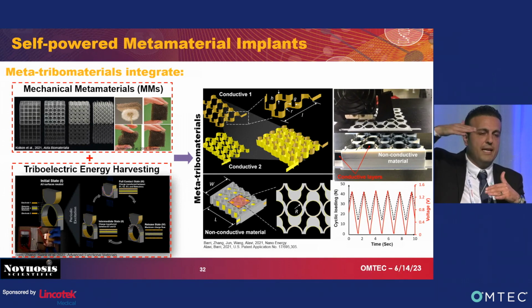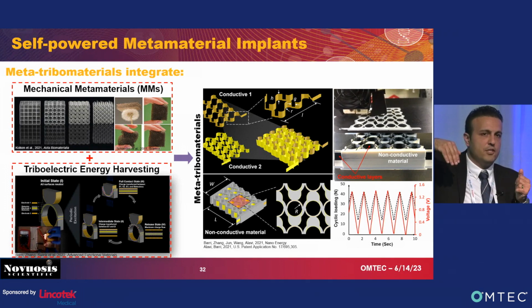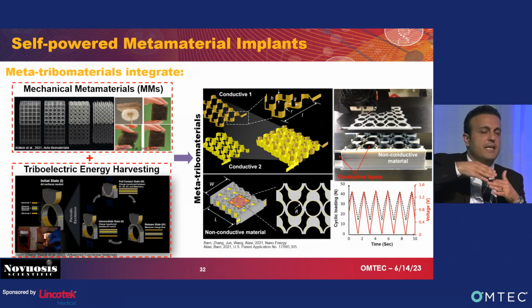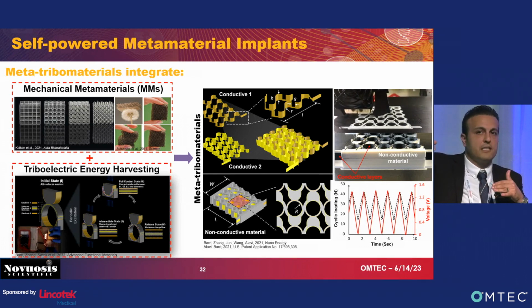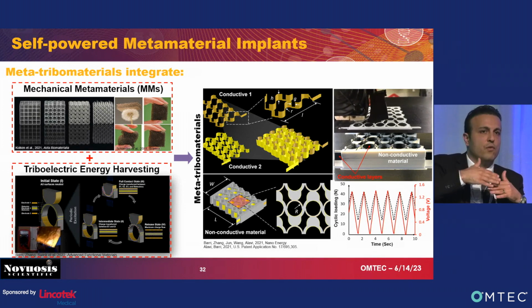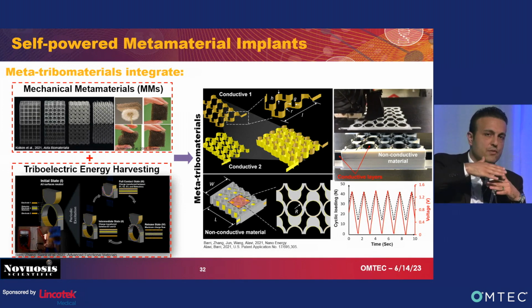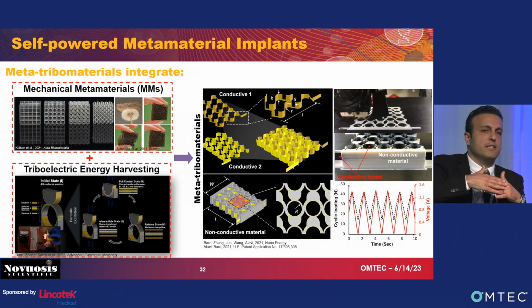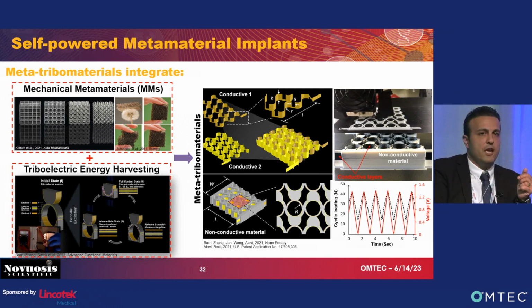When you apply mechanical excitation, which can be spine loading, heart pulsation, any mechanical loading, they generate electricity under that contact electrification. So you have a signal under loading, and we show that the signal is proportional to the level of load. When you apply more load to the implant, you get a larger signal, which is usually 10 times more than piezoelectric power density.